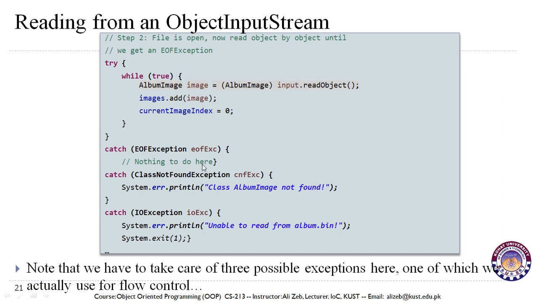So we need to have an end of file exception. We keep reading the images, or the details of the images, into our object as long as there are images in the file, and we can have a class not found exception if we do not find the album image class, or if we are not able to read from the file, but we need to have this exception over here if we reach the end of the file.